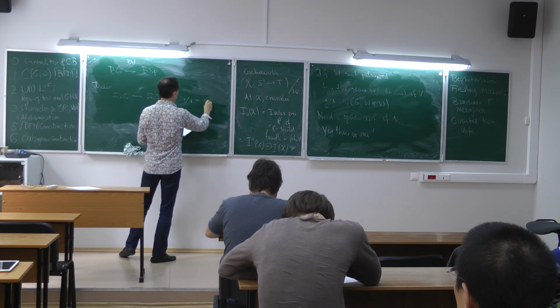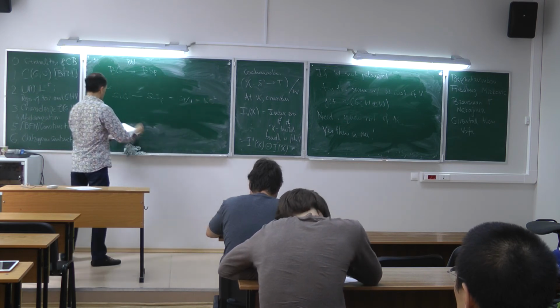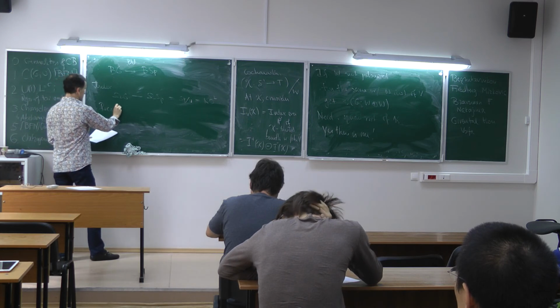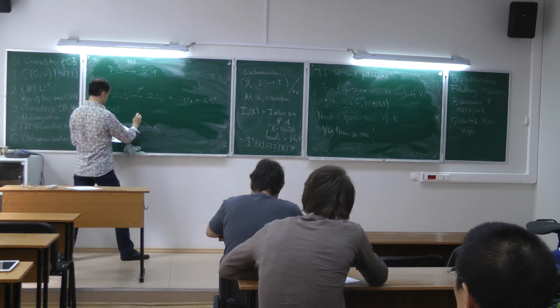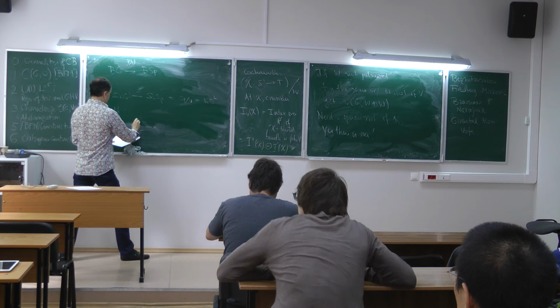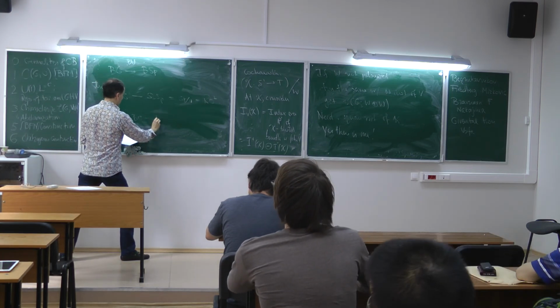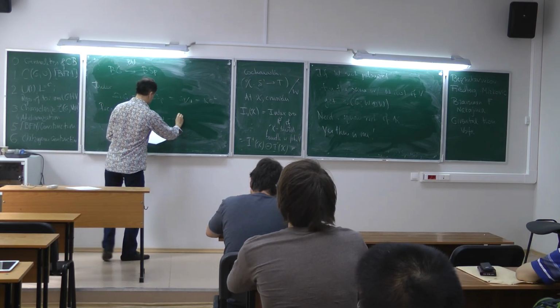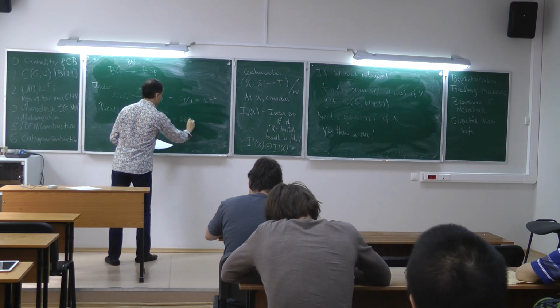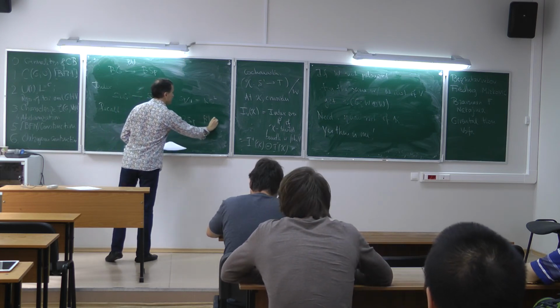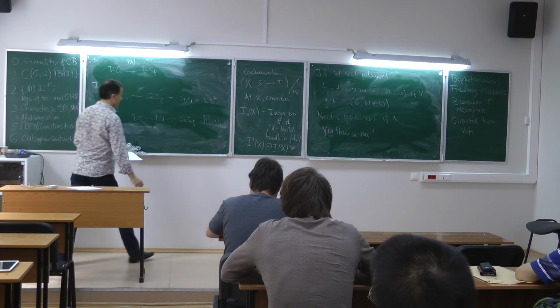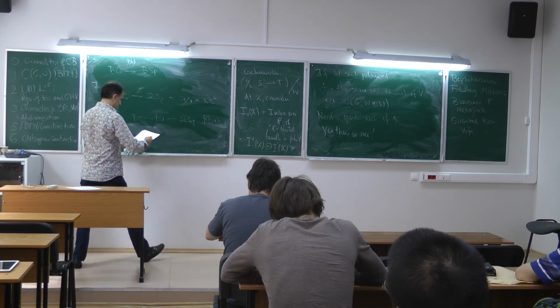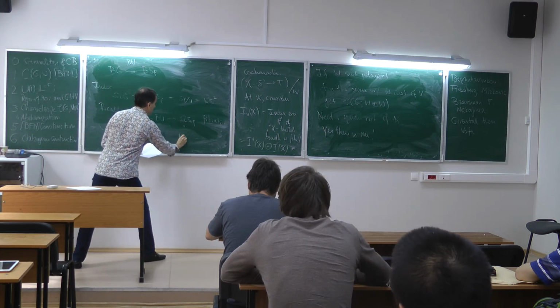It's KO2 upper 2 space. Now recall, there's a nice sequence, which is BO maps to BU maps to omega SP. Fibration. Omega SP was, I said KO2.